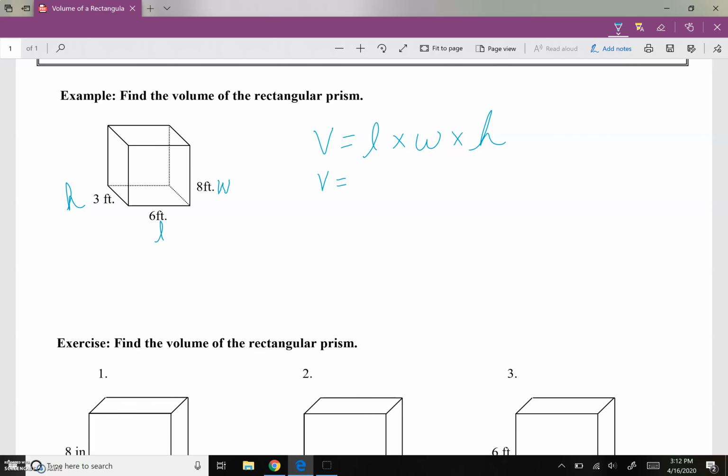Volume equals our length, which is 6 feet, times our width, which is 8 feet, times our height, which is 3 feet.